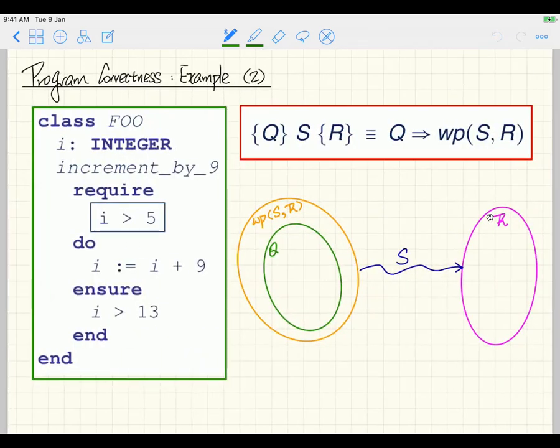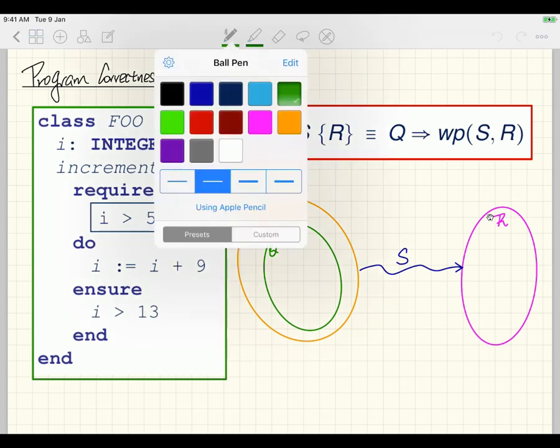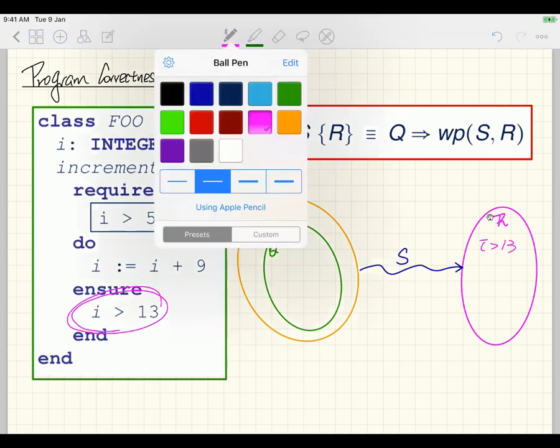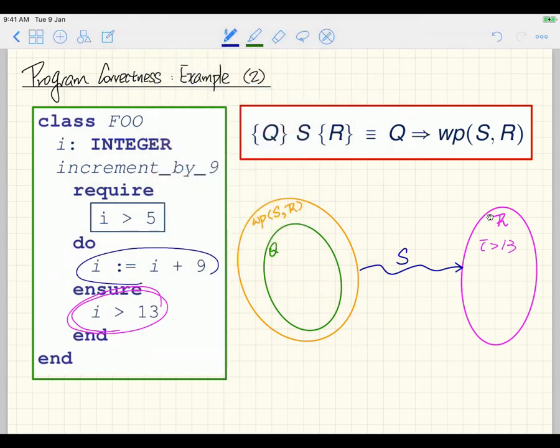It's going to be the opposite story. Let's do it again, okay? Now, again, let's go slowly, in the right order. We're given a particular postcondition over here, which is I larger than 13. And then we're given a particular implementation over here, which is I is assigned to I plus 9, okay? And then we can calculate the weakest precondition.